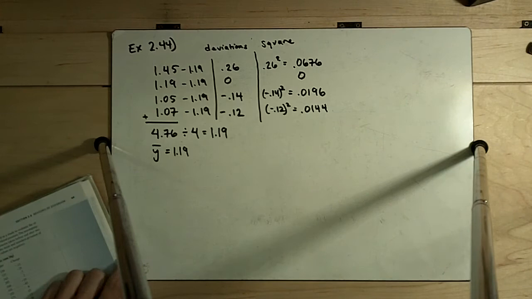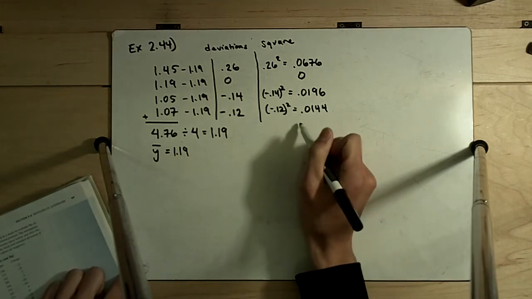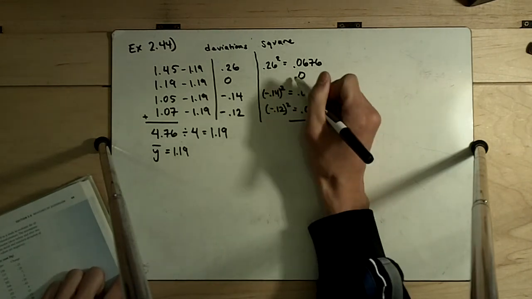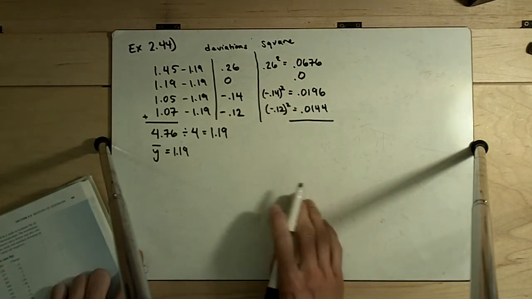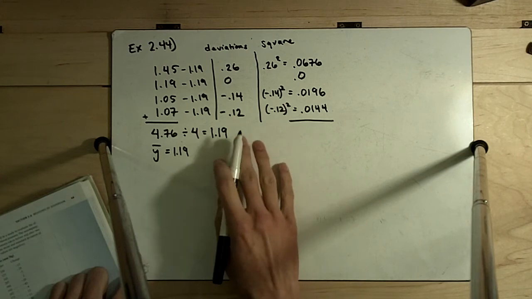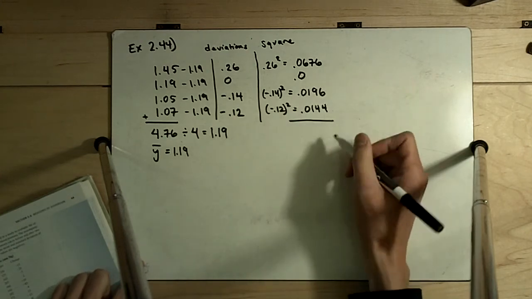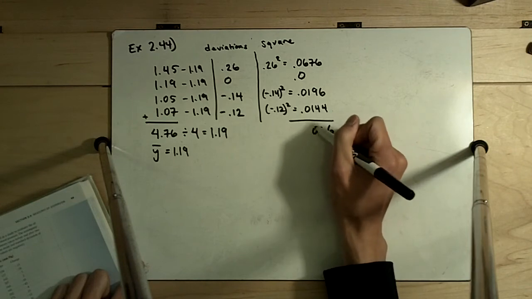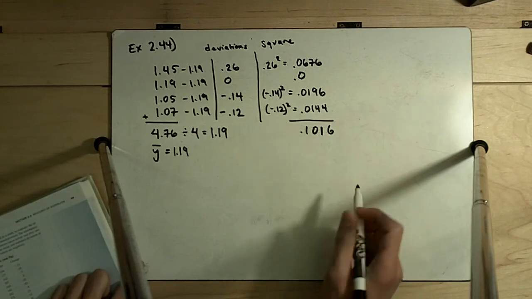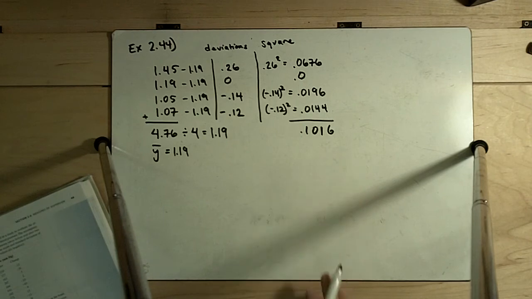Okay. The third step, or the step after that, is to then add up all of these numbers. Okay, and we find the sum of the squares of the deviations. And if you add that up, you get 0.1016.